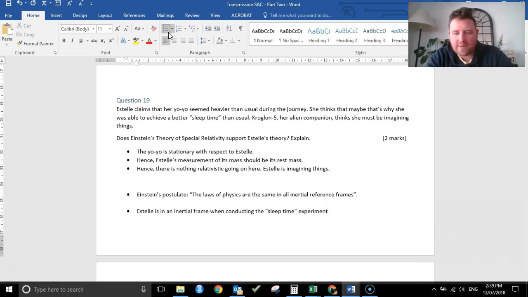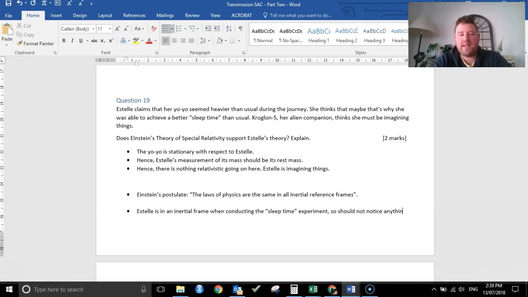We call everything an experiment regardless of whether it really is. Estelle is in an inertial frame when conducting the sleep time experiment, so should not notice anything different from doing this on Earth. Okay, and so she's imagining things.